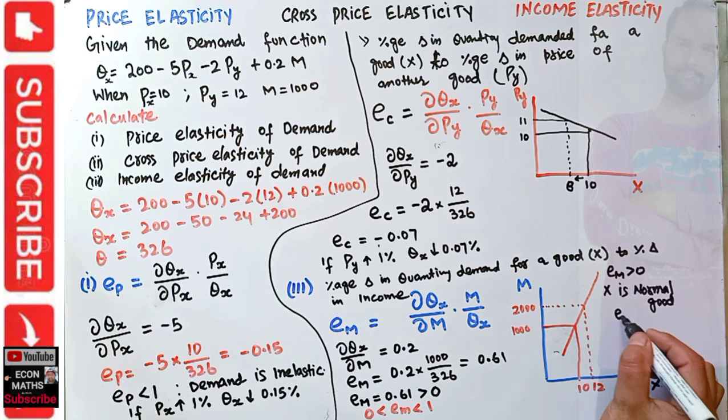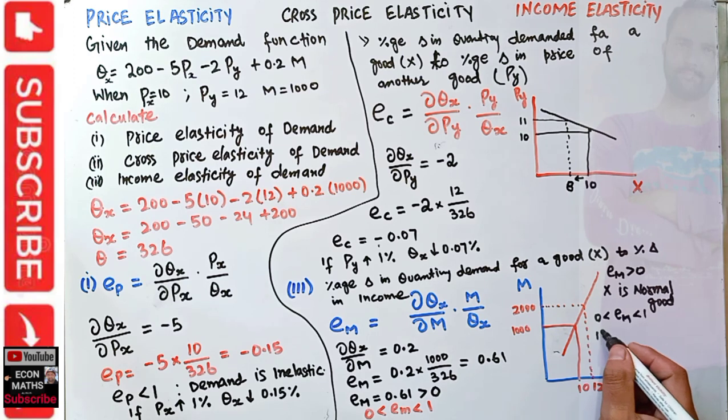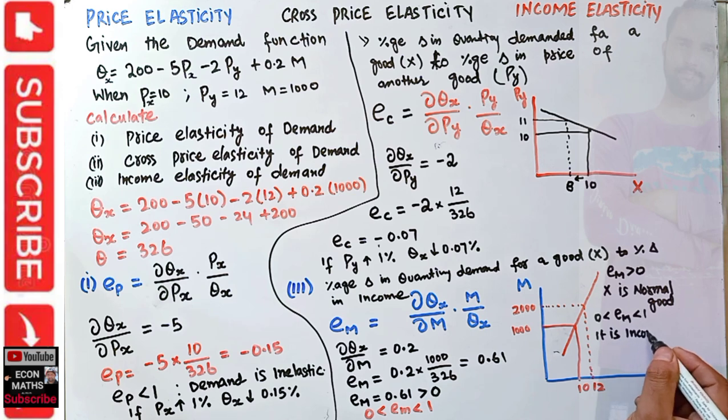And when the income elasticity is greater than 0 but less than 1, we say it is income inelastic. Income inelastic means the good is a necessity good. Necessity. Okay, that means if income increases more, quantity demanded will increase less compared to the income.